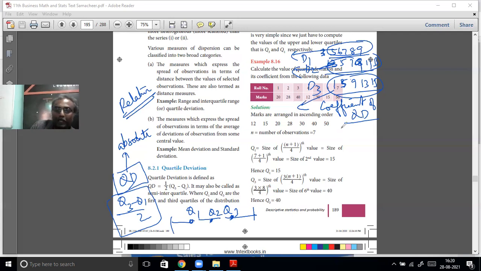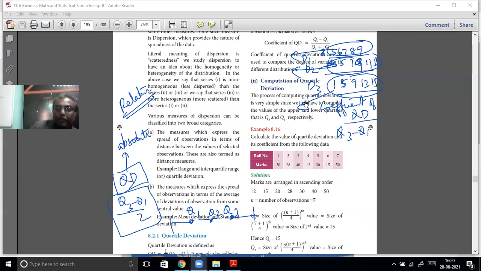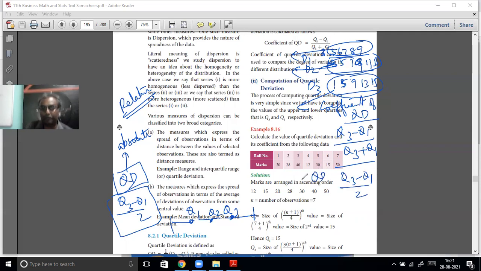Instead of dividing Q3 minus Q1 by 2, you divide it by Q3 plus Q1. If you divide Q3 minus Q1 by 2, you get QD, which is an absolute value. If you want the relative value, where you compare different sets of data, you use Q3 minus Q1 by Q3 plus Q1.